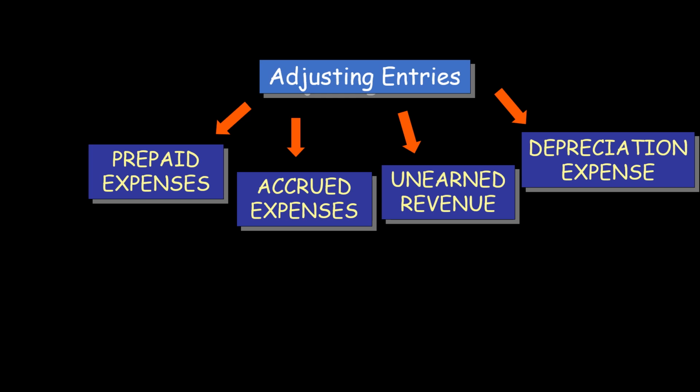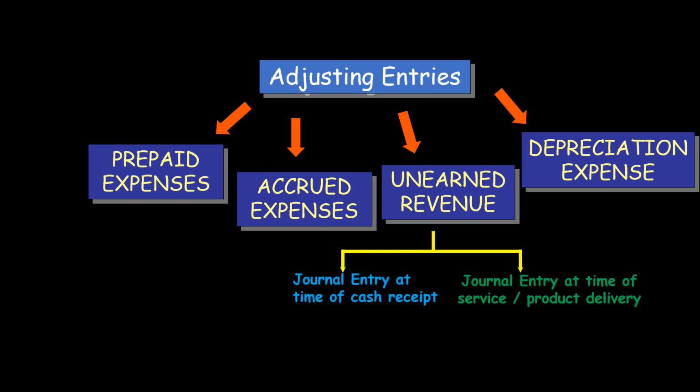So, just to give you a review, adjusting entries, we talked about unearned revenue. You need to understand that there are journal entries at the time of cash receipt and at the time when the product or service is delivered. So, when the cash is received, the business debits cash and credits unearned revenue for an obligation to provide a product or service in the future.